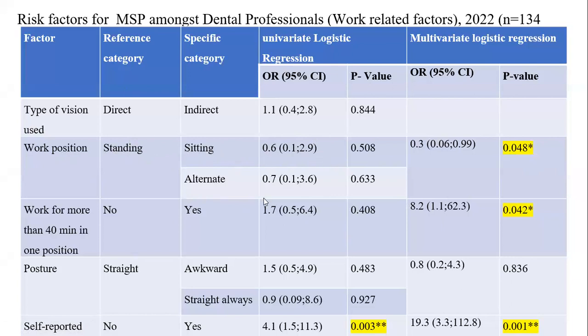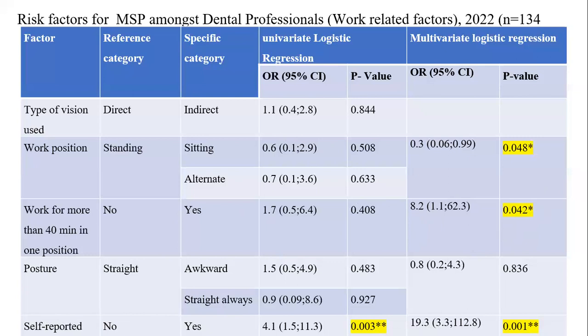You can see that these ones are protective and significant. Working in one position for more than 40 minutes, again, that was increased odds for musculoskeletal pain, significant there. The other one is self-reported occupational stress, which again had much increased odds of musculoskeletal pain.